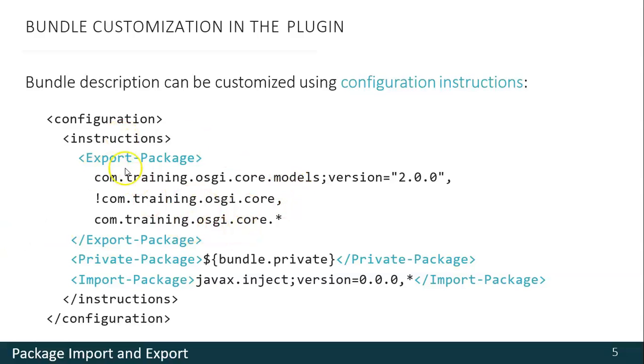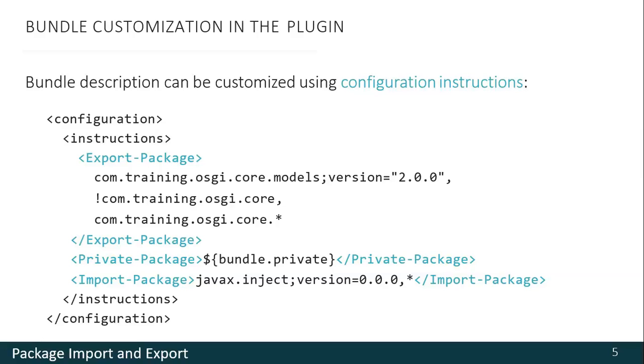Export-Package is used to override the exported packages, the list of the packages, and their properties such as used imports and versions. Also, one can use the exclamation mark to instruct not to import the package, and one can use a wildcard to export several packages. The Private-Package instruction is used to list the packages that are not exported. And note that a Maven property can be used to get the list of the private packages.